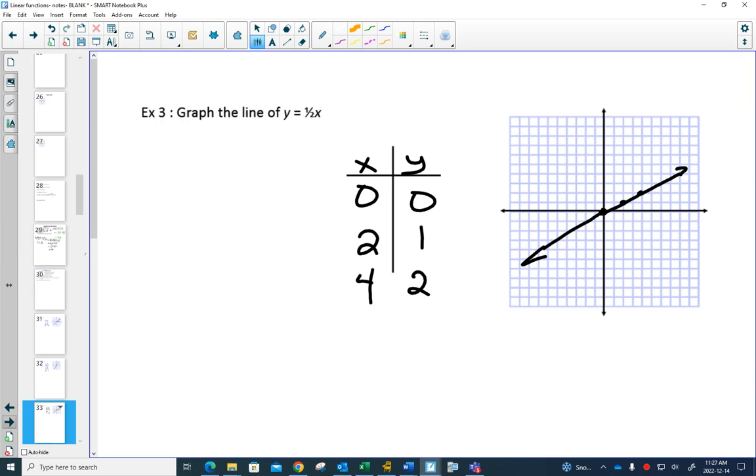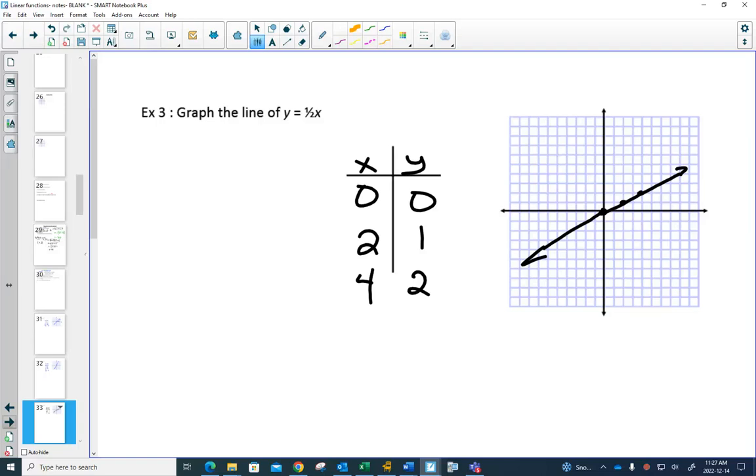Is this an easy way to graph? Yes. This is actually the most powerful graphing method for anything. You can always make a table of values and draw any graph. However, it is not the fastest way to graph things.